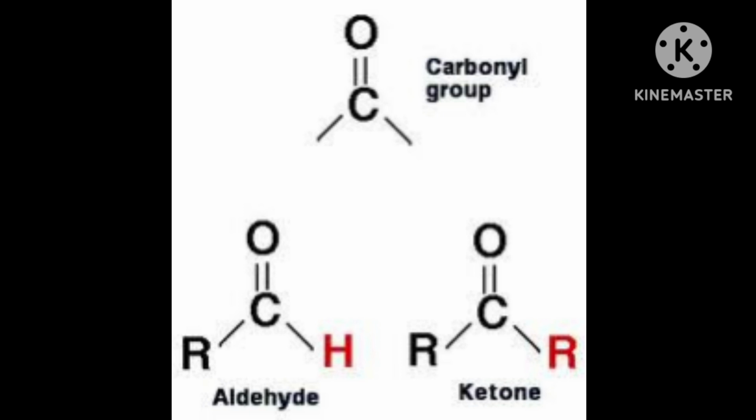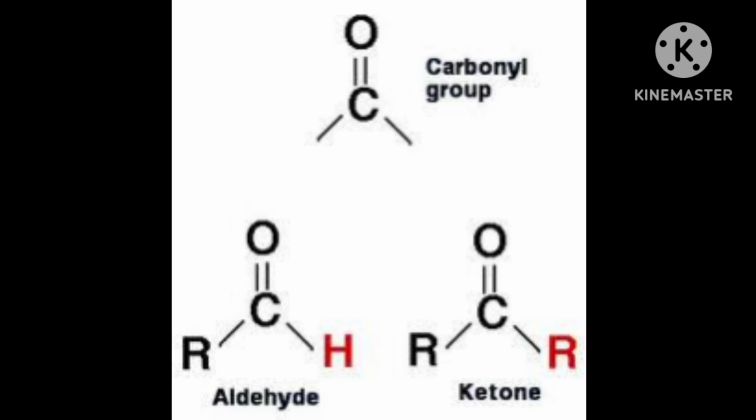And ketone is C double bond O, with R on one side and R dash on the other side. This CO group is common in aldehyde and ketone. That is the ketone.